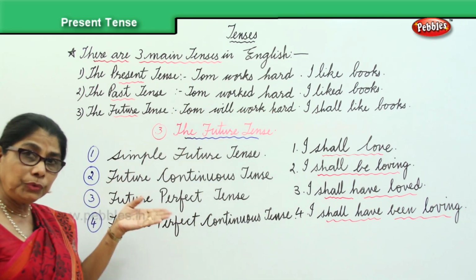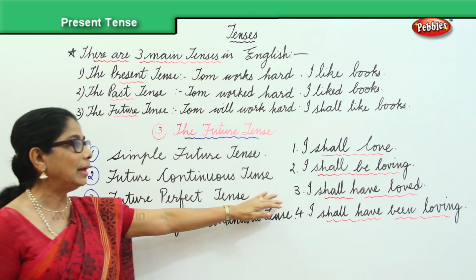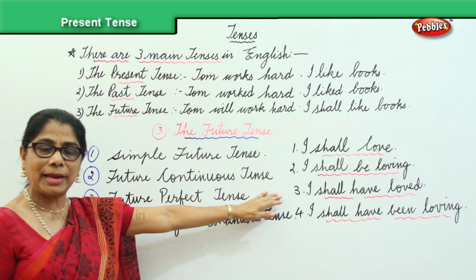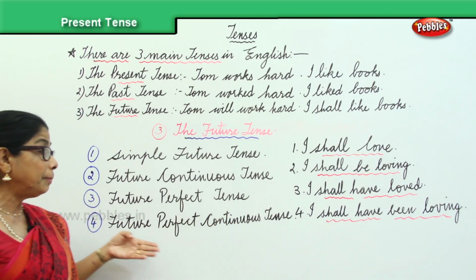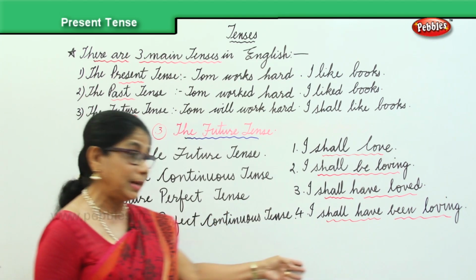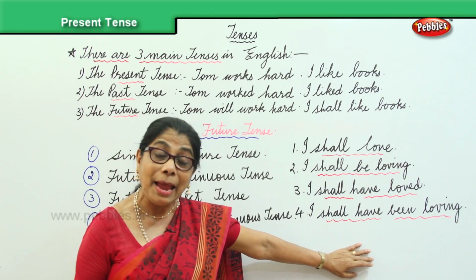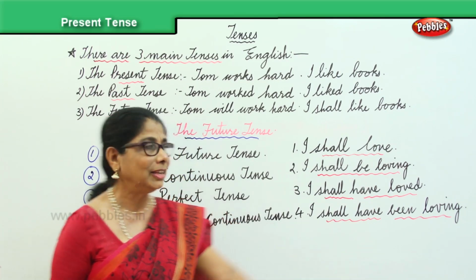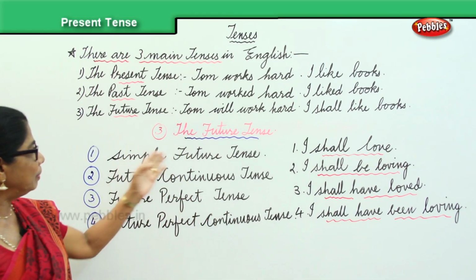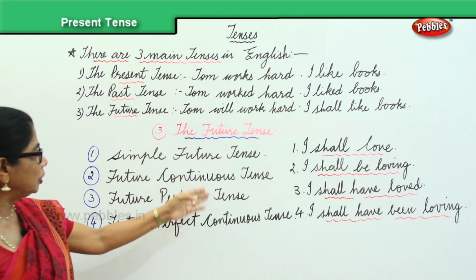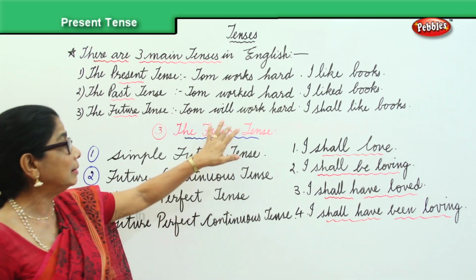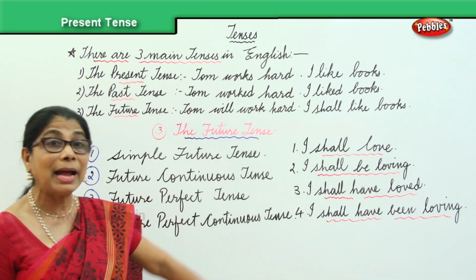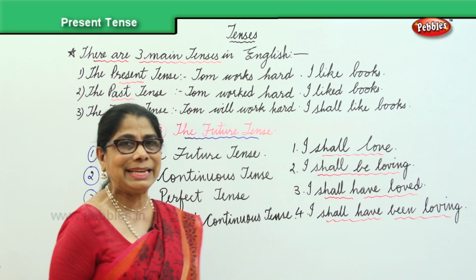Then you have future perfect tense, shall have loved. And finally, we have the last type, future perfect continuous tense, that is, shall have been loving. So the 4 forms are simple future, future continuous, future perfect, and future perfect continuous tense. Those are the 4 forms under the future tense.